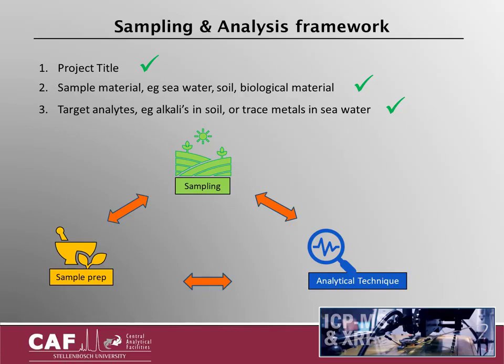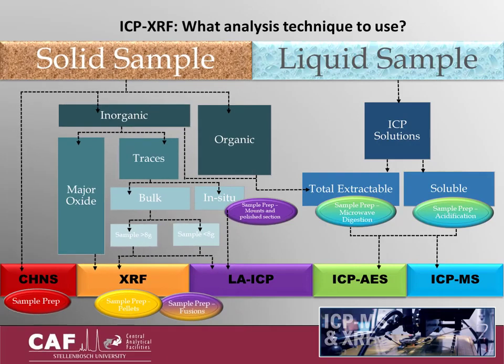The next step is going to be to start sampling, eventually processing your samples, and select the appropriate analytical technique for your sample type and analytes you are interested in. So your choice of analytical technique is firstly determined by whether you have solid or liquid samples.